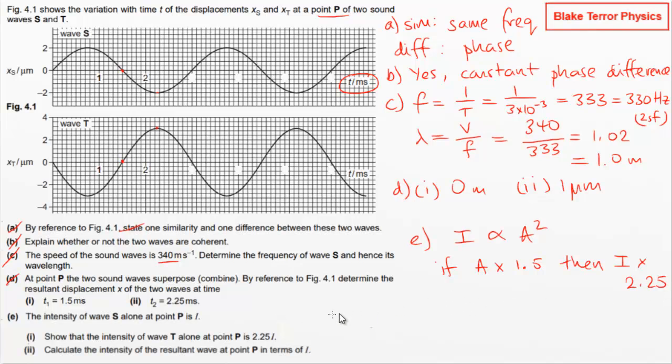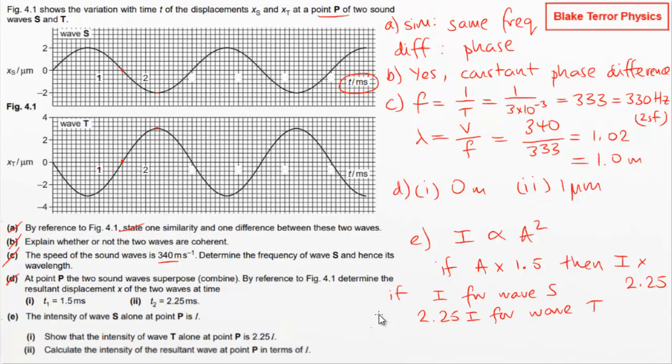So that is good. Then we've got calculate the intensity of the resultant wave. Oh, right, okay, the intensity. Actually, I should probably put the I into this. So we can say the intensity for wave T will be 2.25 I. It's just worth putting that in.